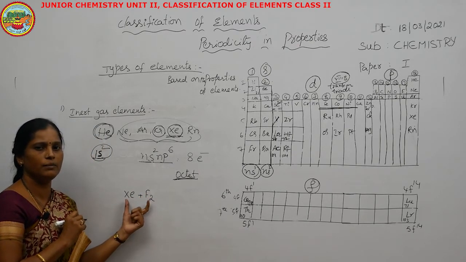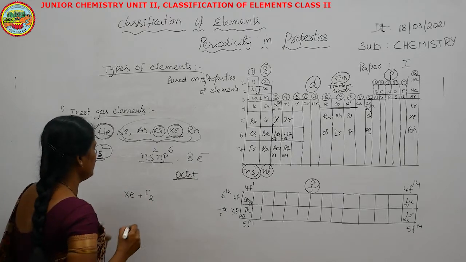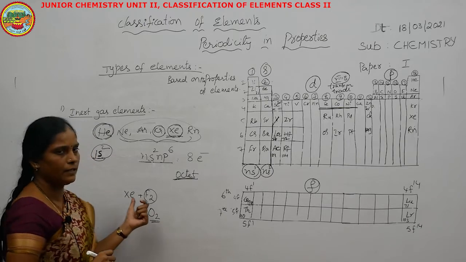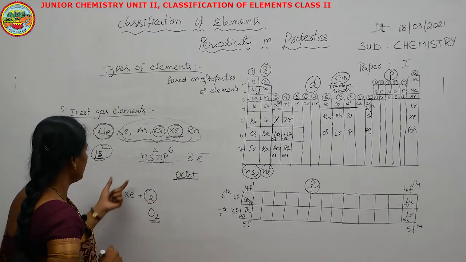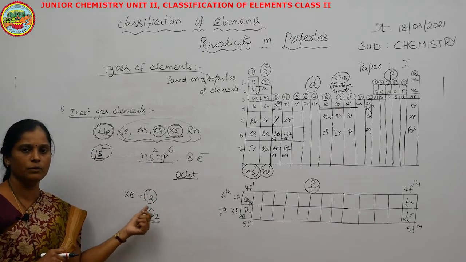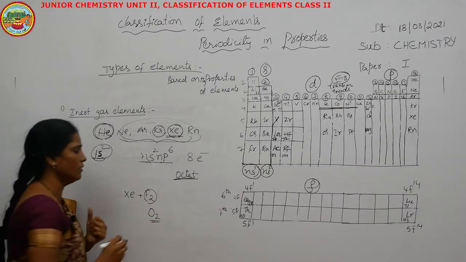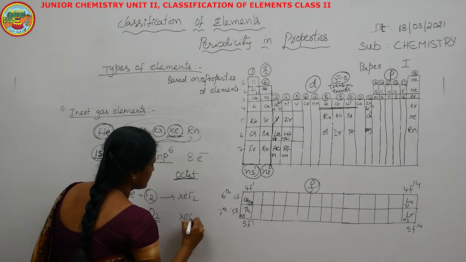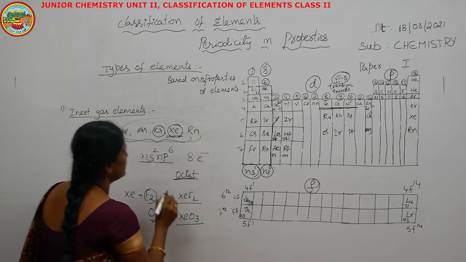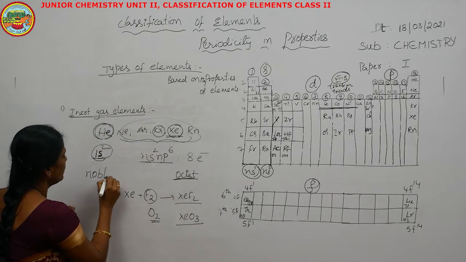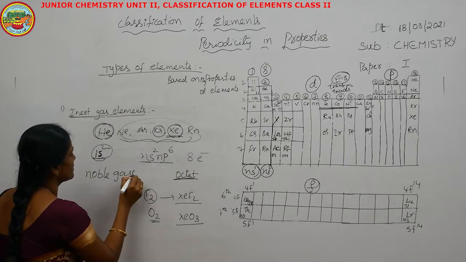It reacts with the most electronegative elements like fluorine and oxygen. In rare cases, xenon reacts with fluorine and oxygen and forms fluorides and oxides. So that's why, instead of calling them inert gas elements, they are also called noble gas elements, noble gases.